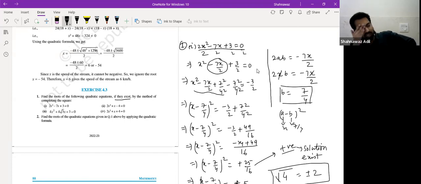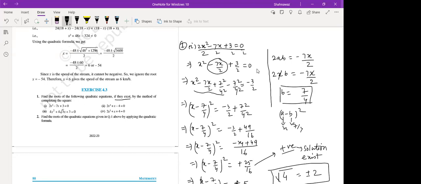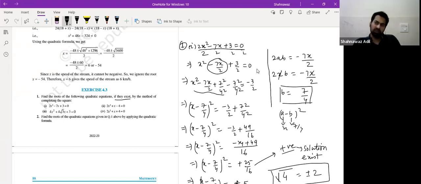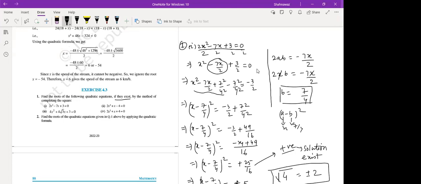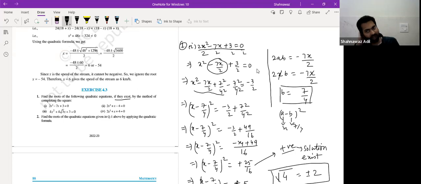So the next question is this one. This method is also simple. We just have to find the 2ab term, then the answer becomes easy.